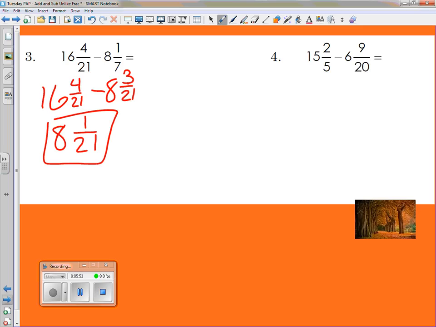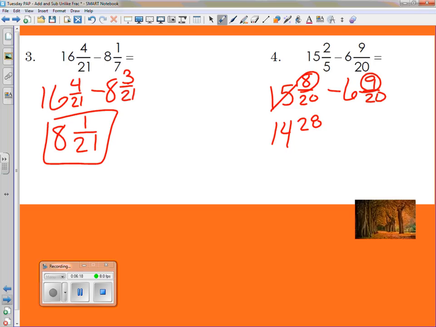Number 4. 5 and 20 are my denominators, so 20 would be my common denominator. So the second fraction doesn't even change. 5 times 4 is 20, so 2 times 4 is 8. I can't take 9 from 8, so I have to borrow. That becomes a 14. I'm adding those up.